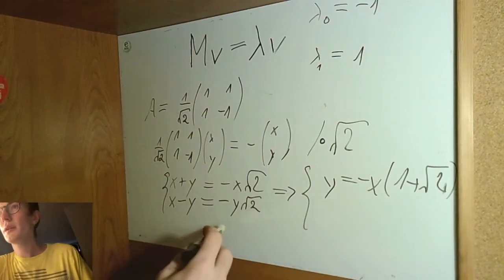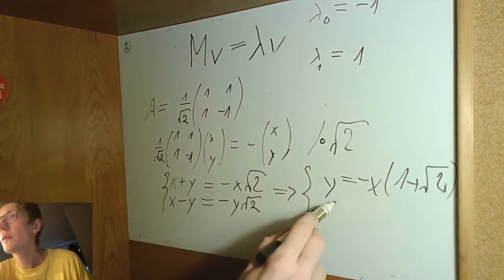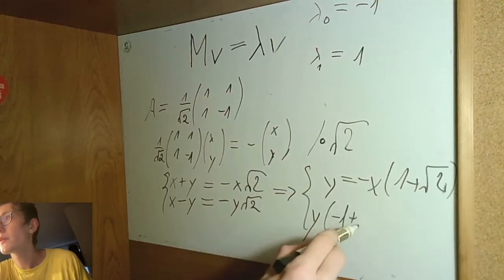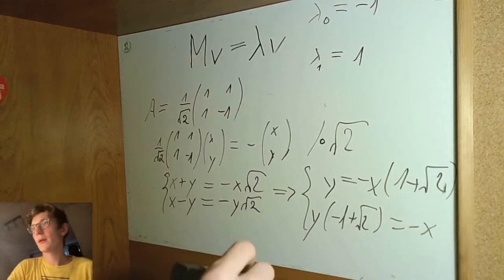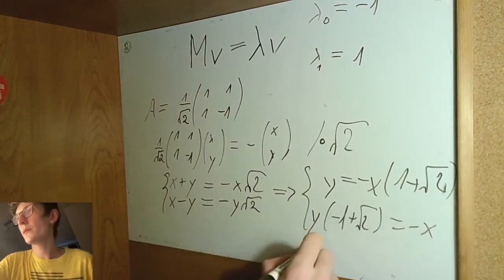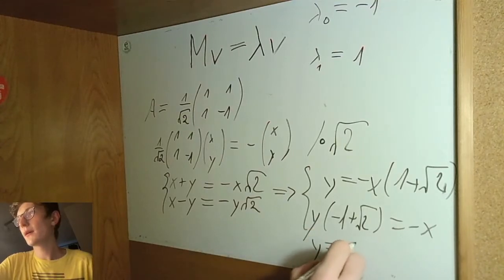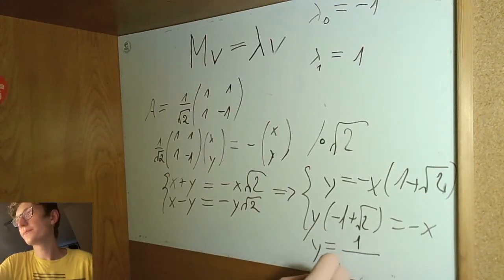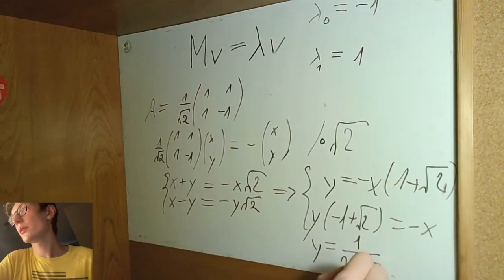Okay, and here we get y times minus 1 plus square root of 2 equals minus x. In fact, we get here from the second equation that y equals 1 over, no wait, 1 minus square root of 2, right?